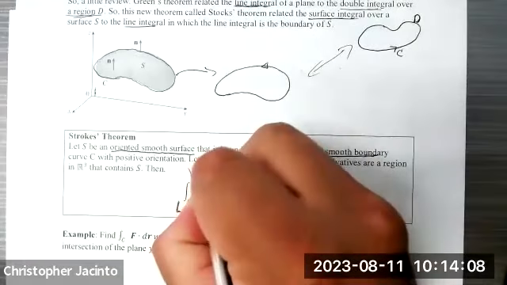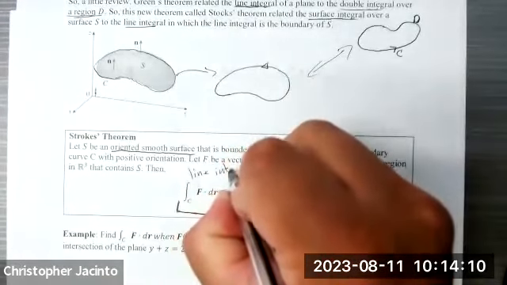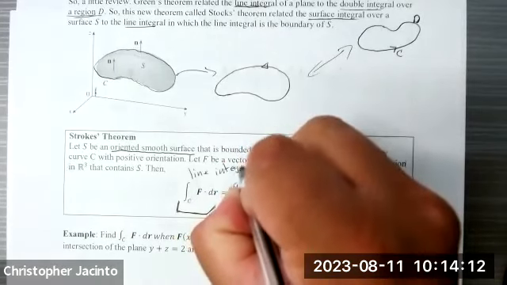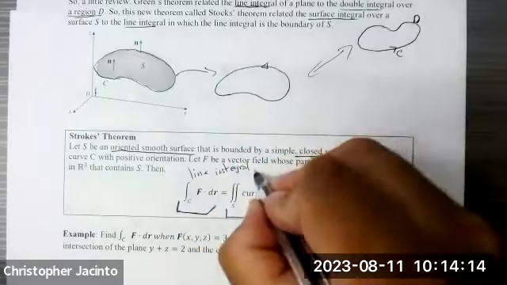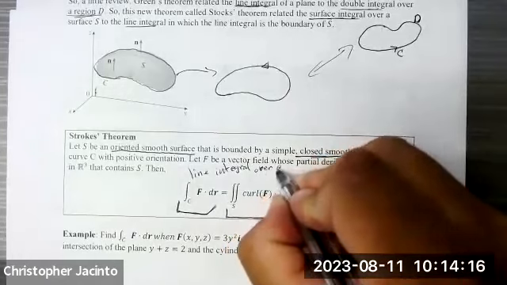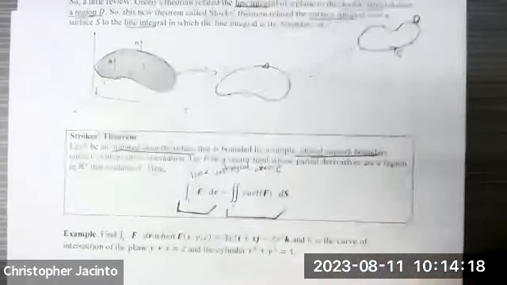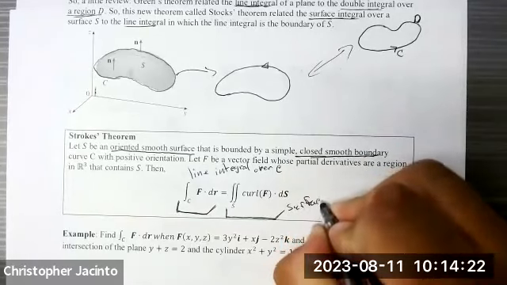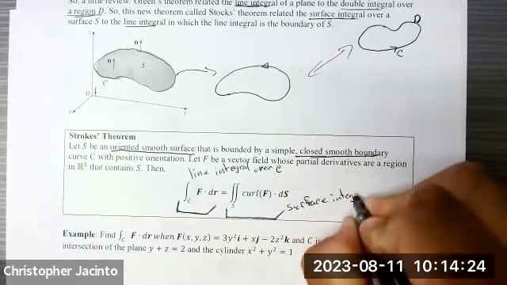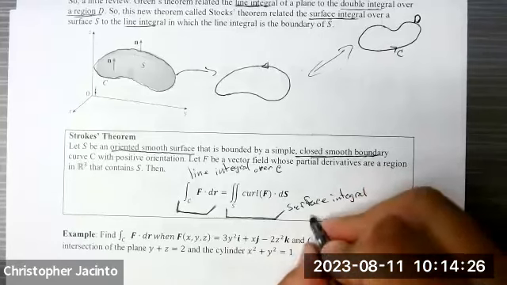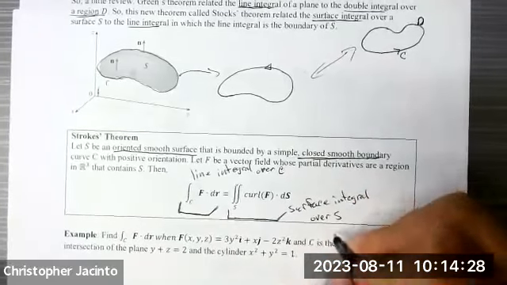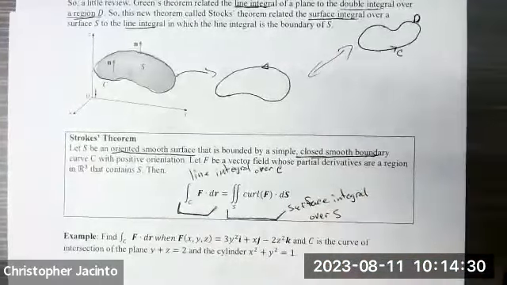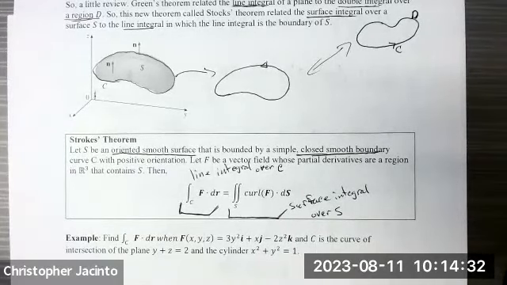So we have a line integral, this is 1 dimension, over C. This is the line integral over C, and it is equal to the surface integral over a surface. Which means we can go from 1 dimension to 2 dimensions and vice versa, however we choose.